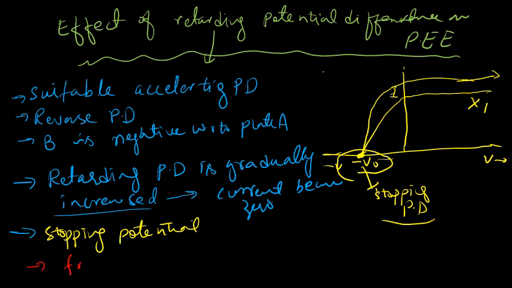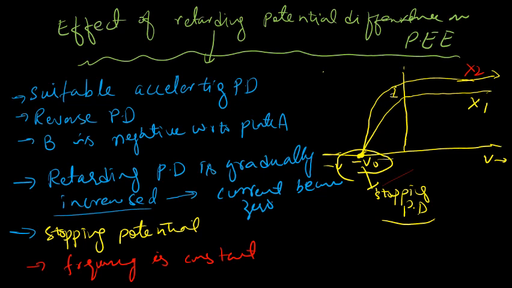For a fixed frequency of incident light, when we change the intensity, the stopping potential difference remains the same.